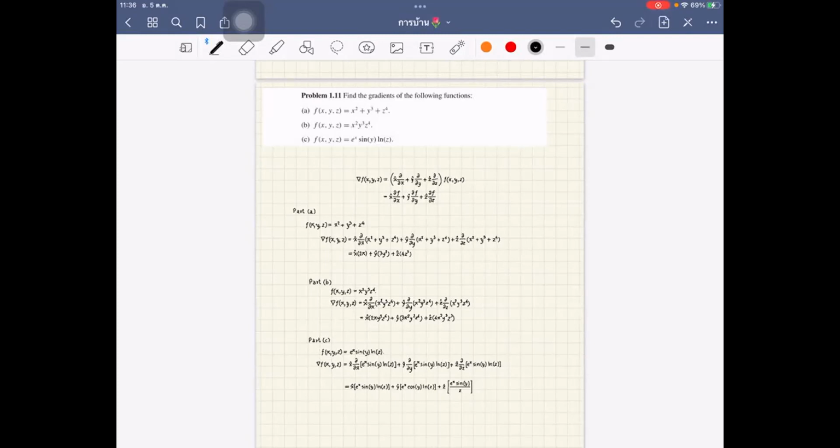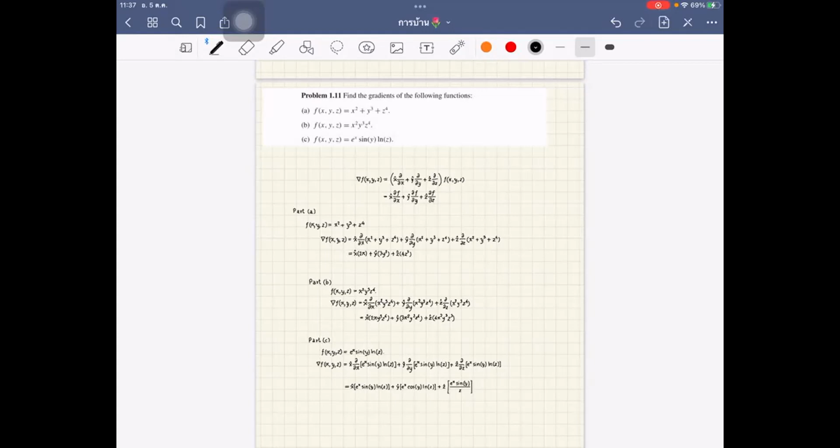Okay, for part B, the function f is equal to x square times y power 3 and z power 4. We try to use the derivative for this function.